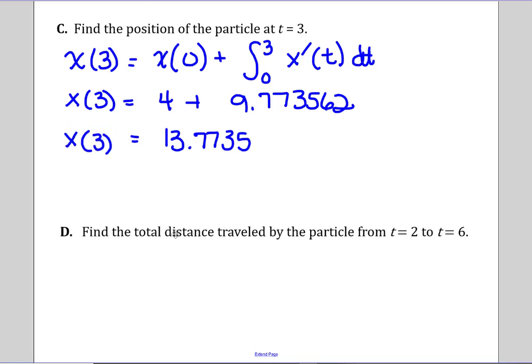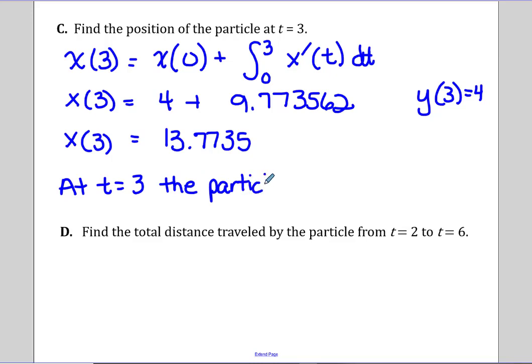So we knew when the y of 3 was 4, we were given that. So we know at time 3, the particle is located at 13.7735 and 4.